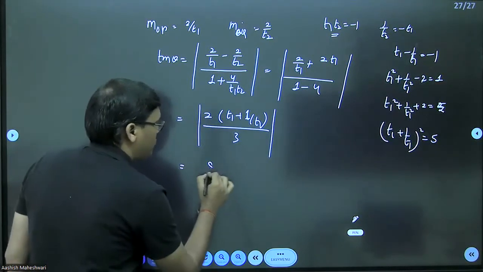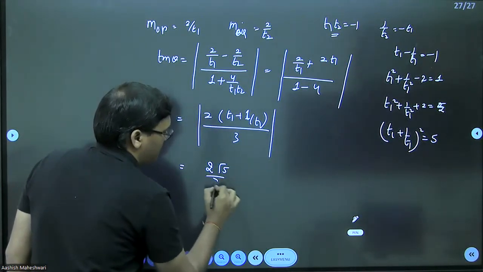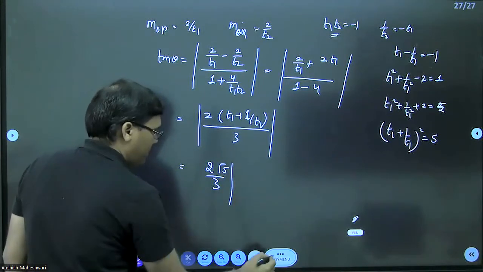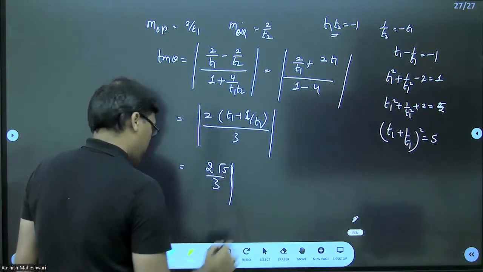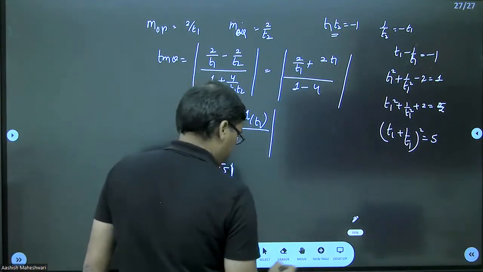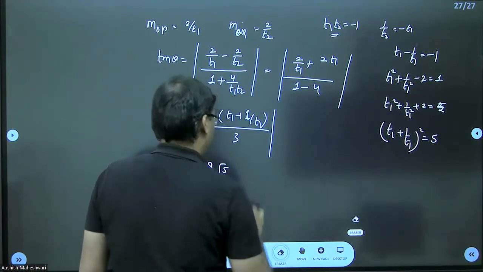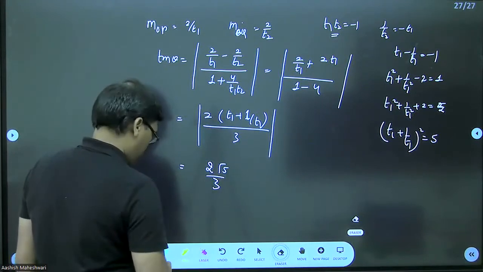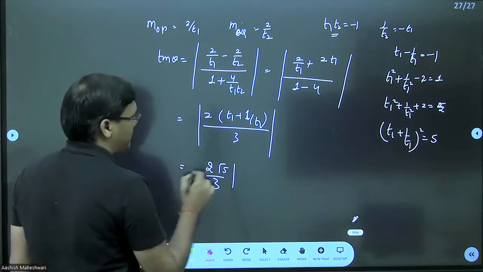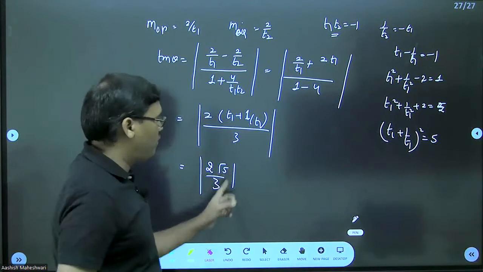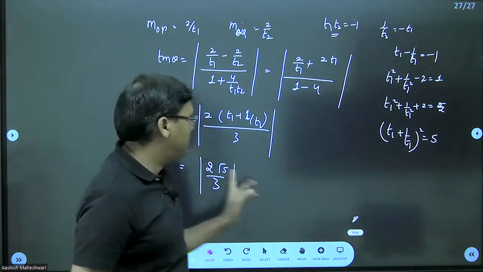This is 2 root 5 divided by 3. Right? अब देखो प्रॉब्लम इस क्वेश्चन में देखो क्या है. We have got the magnitude of this tan theta will be equal to 2 root 5 by 3.